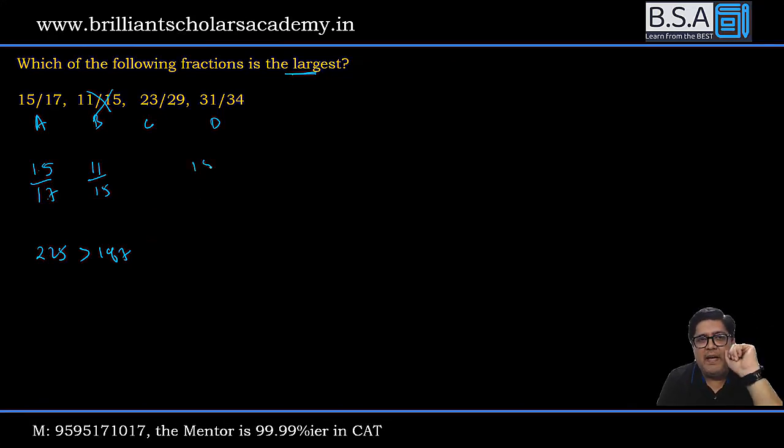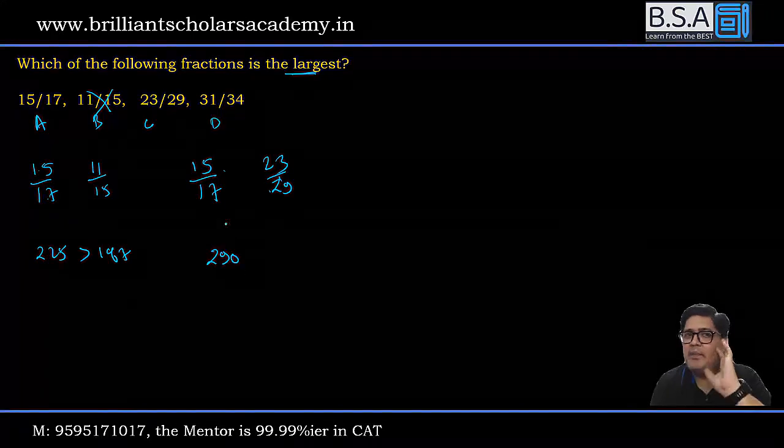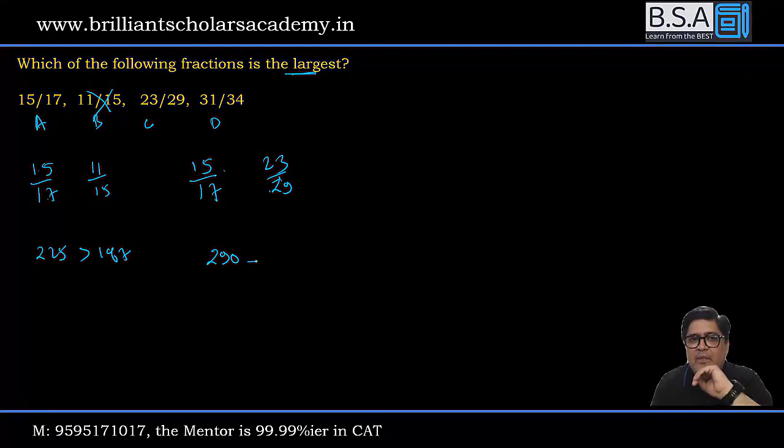I have to compare 15 by 17 and 23 by 29. Let us say I have to do this. Cross multiply. 15 to 29. I'm not good with this, so I'll write step by step. 10 into 29, 290. 5 into 29, 145. So that is 435. Leave it there.